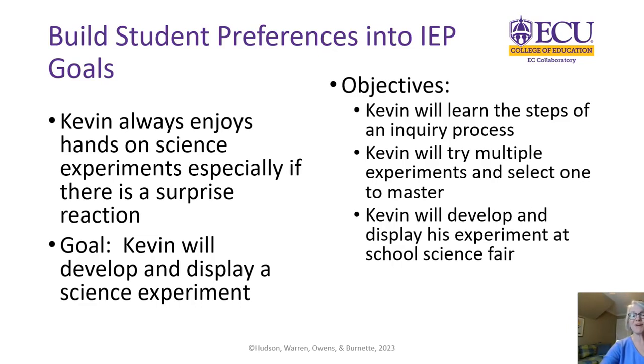That's a good objective. And another is that Kevin will try multiple experiments and select one to master. I really like that one because it incorporates Kevin's choice making into the goal. And the last objective she wrote is that Kevin will develop and display his experiment at the school science fair. That's a terrific objective as well, because that's where his peers are going to be.